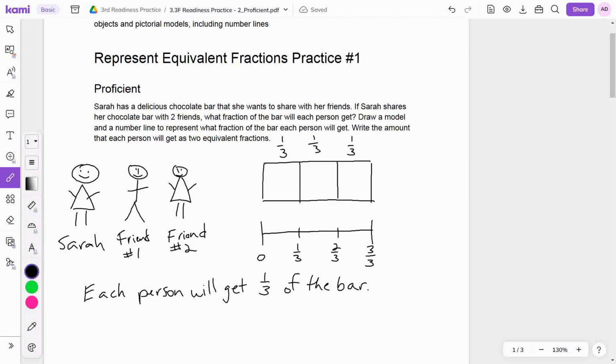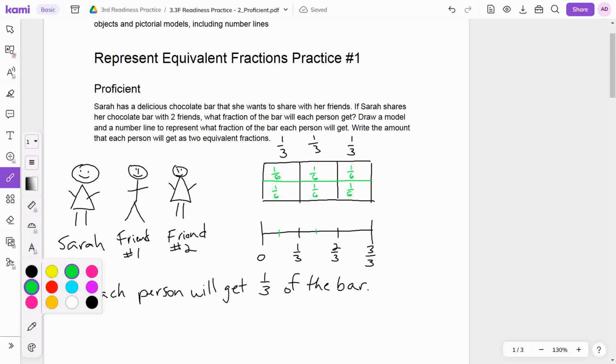And so how can I change my 1/3? There's a few different ways that we can do this pretty simply. One way would be to, watch this, split each 1/3 in half. Now, what do I have? Well, I'm going to have 6 pieces now. Each person got 1/3, and so that ends up being split in half into 2/6.